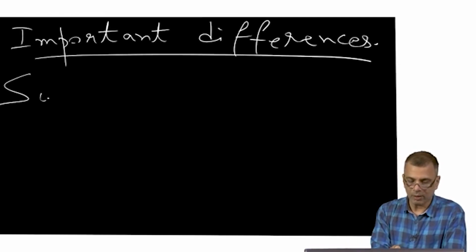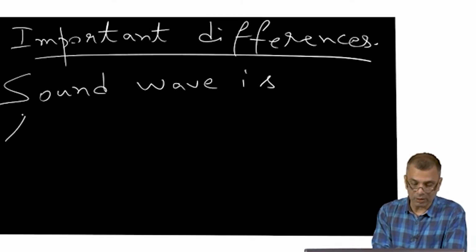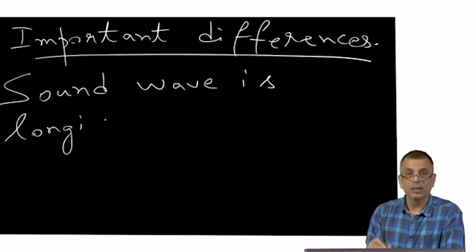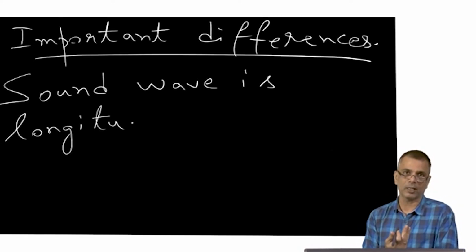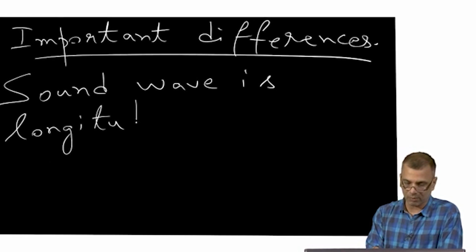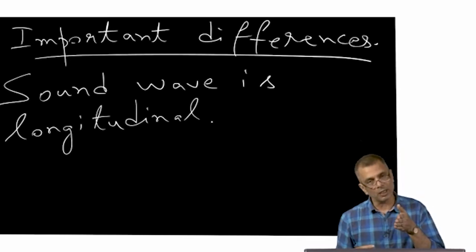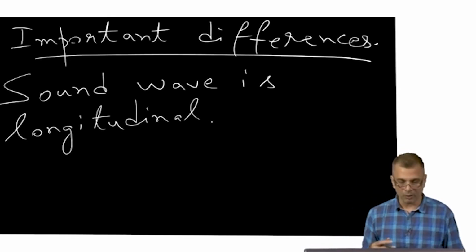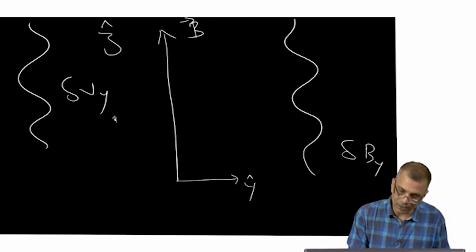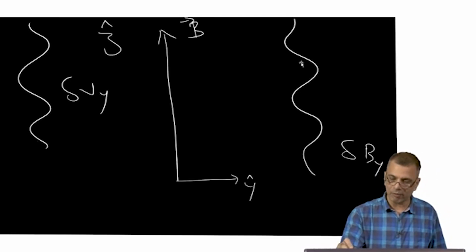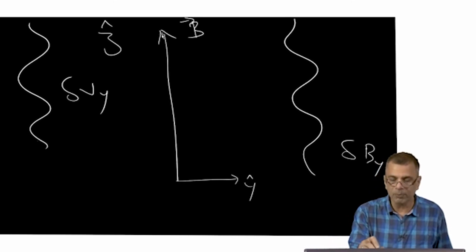The sound wave is longitudinal. In other words, the k, the propagation vector of the wave, is along the pressure perturbation; the density and pressure perturbations are along the direction of propagation. Whereas here you see an Alfven wave, by definition, travels along the z direction, along the direction of the unperturbed magnetic field.